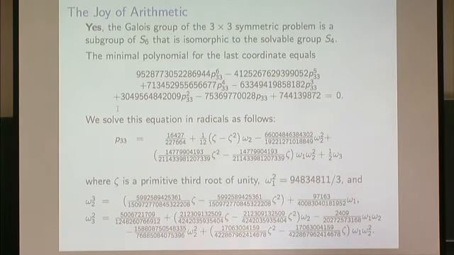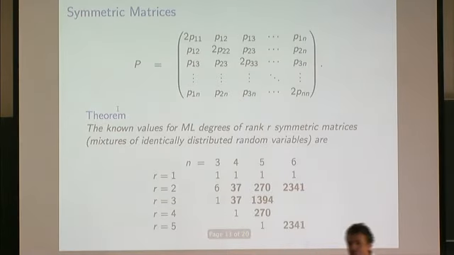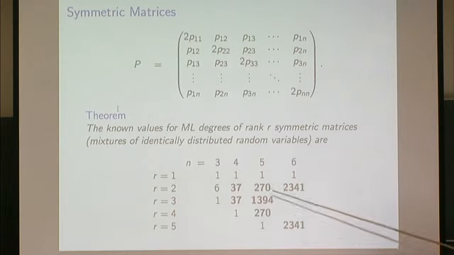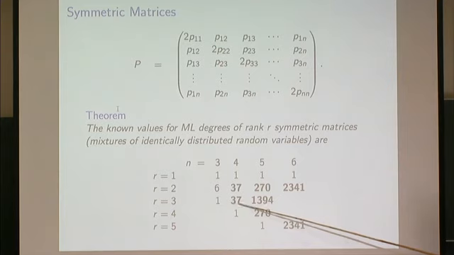But moreover, why was it solvable? Why wasn't it S6? Well, the reason it wasn't S6 is because of the symmetry. Let's look at this table. If we believe that there is an explanation for this symmetry along the columns, this suggests that there's an involution.